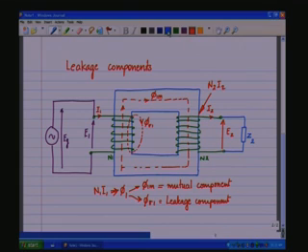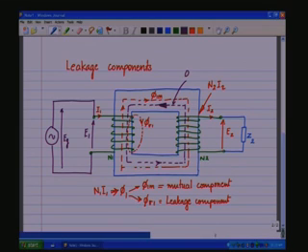So, we have an opposing flux which is flowing in the core material as shown like this. It is flowing in the opposite direction. There is an opposing flux N2 I2.